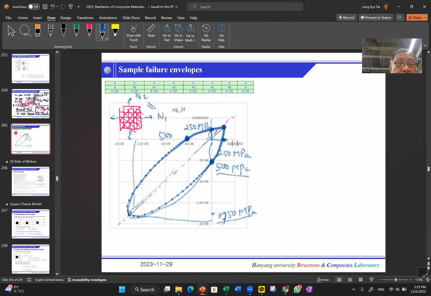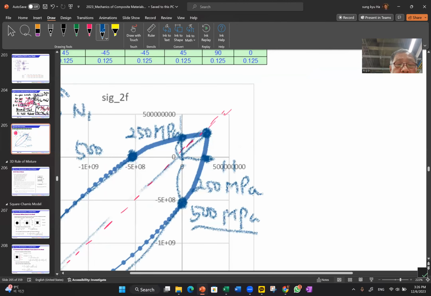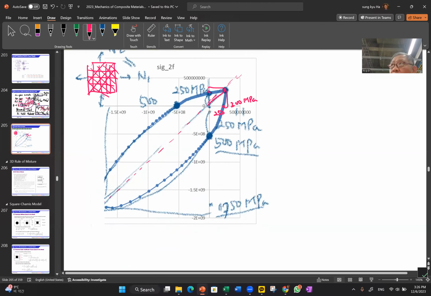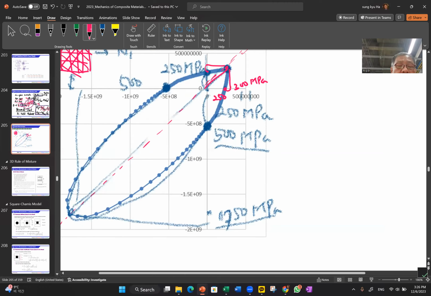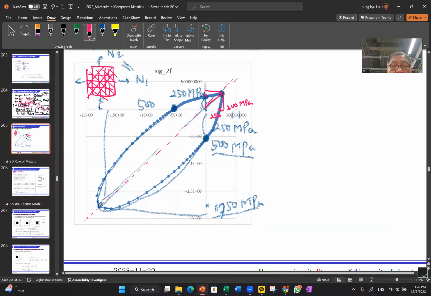As you can see here, I'm gonna delete this point, and there is a slight increase, right? So here it was about 250, but now it will be about 300 megapascal. So it is also important to understand that if we apply the tension load in the same direction, the strength will increase as well.